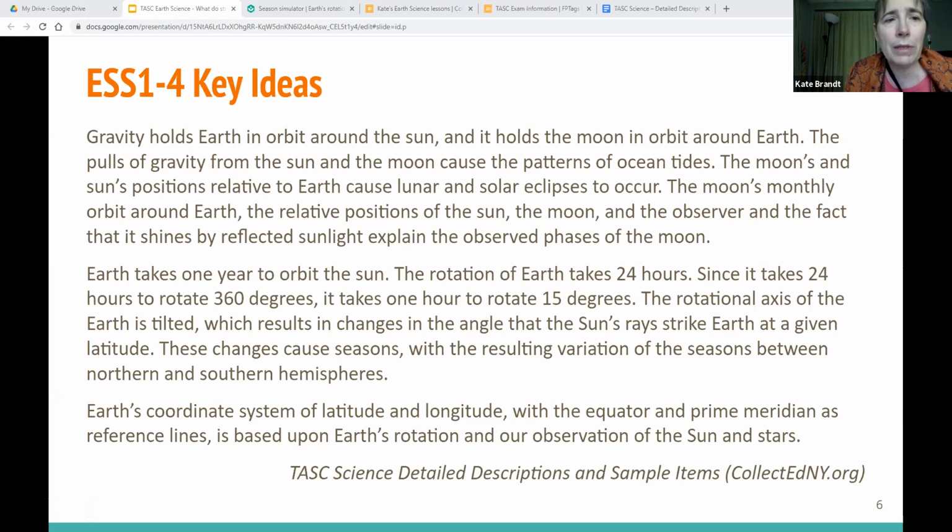The moon's monthly orbit around Earth, the relative positions of the sun, the moon, and the observer, and the fact that it shines by reflected sunlight explain the observed phases of the moon. So how many lessons do you think you would need to teach what I just read to students?